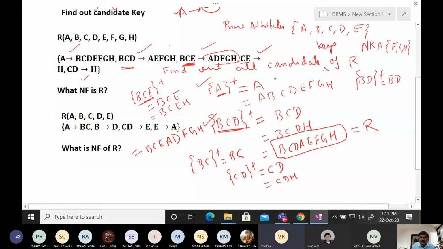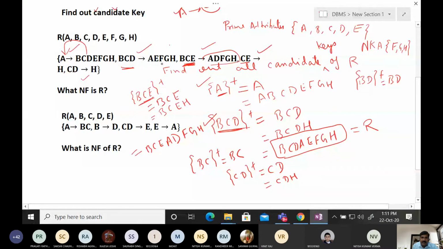No, sir. Second normal form is satisfied or not? No. Why? Please let me know. Here all the non-key attributes are fully functionally dependent on A.